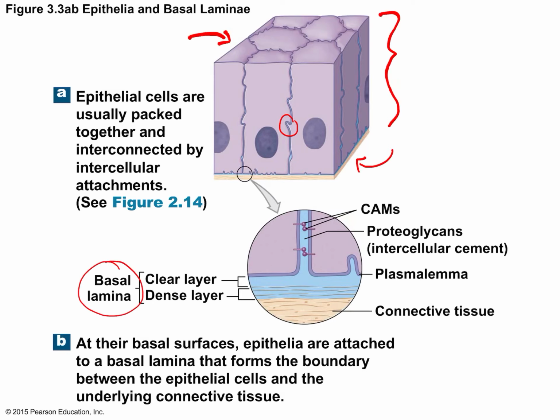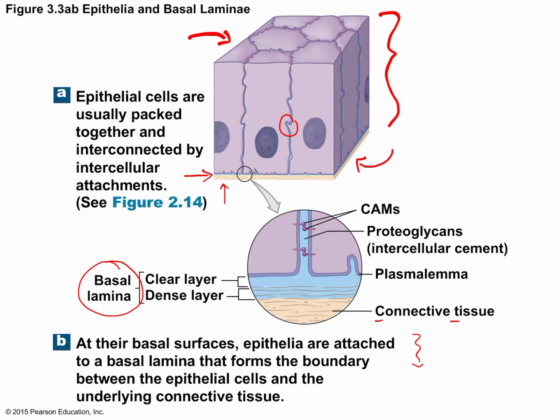The basal lamina in this image is very small. It's a very thin, almost invisible layer in light blue. And then the yellow that's indicated here is connective tissue. So you're always going to have the basal lamina attaching your epithelial cells to connective tissue underneath it. And then after that connective tissue, maybe you have some muscle or maybe you have other tissues.